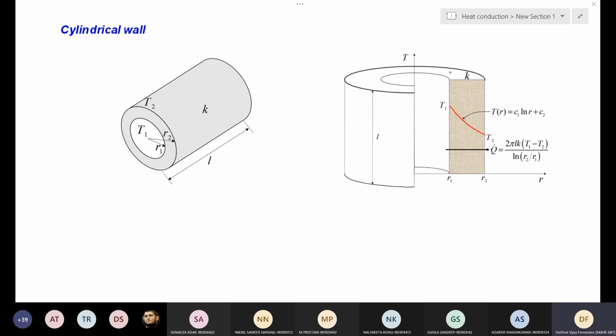Again, the wall is made up of a homogeneous material, and the same assumptions apply. The thermal conductivity will not change in the radial direction or anywhere, and with temperature also it will not change. It's a constant value. So what is the rate of heat transfer through the wall? The temperature at the inner surface is T1, at the outer surface is T2. Inner surface radius is R1 and outer surface radius is R2. So use the Fourier law.